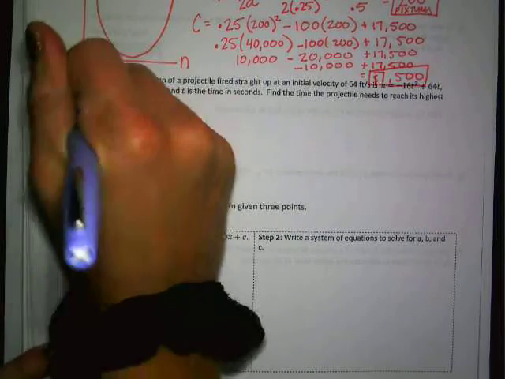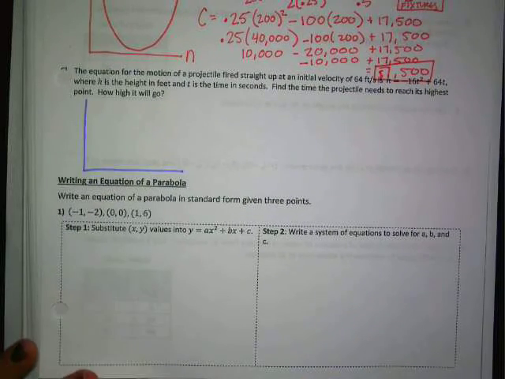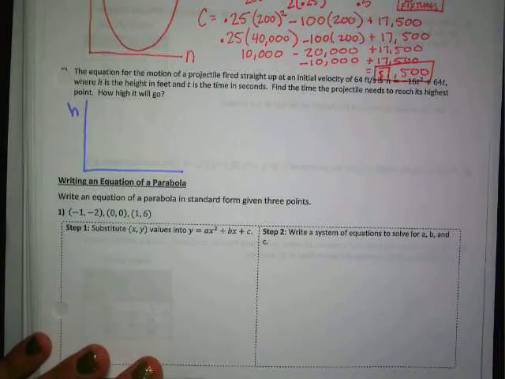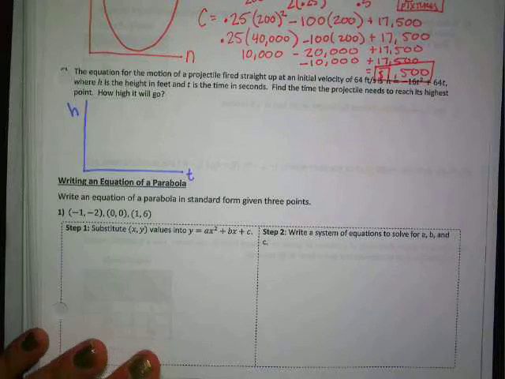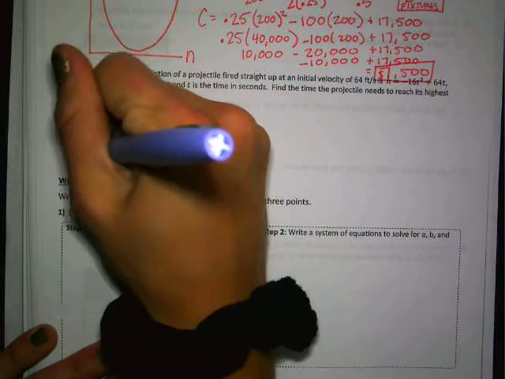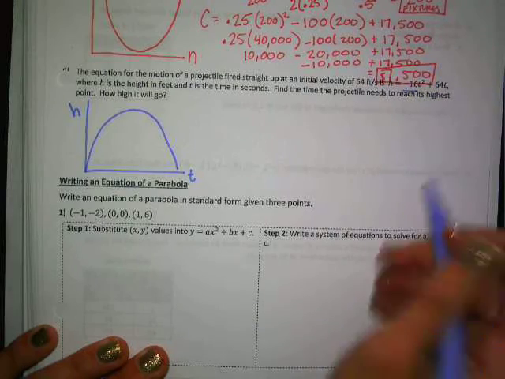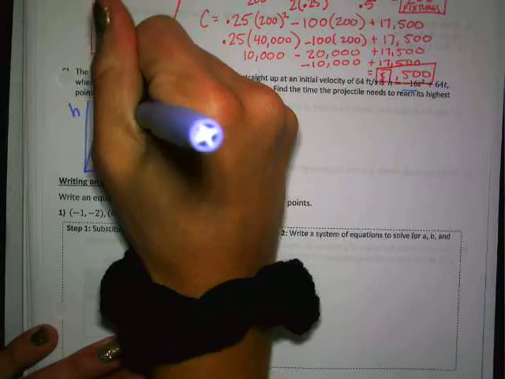So I'm going to sketch another graph. What is going to be the y values? H. What is going to be the x values? T. Is it a happy face or a sad face? Sad face, because you're looking for the maximum. My a value is negative, and I'm also looking for the max.